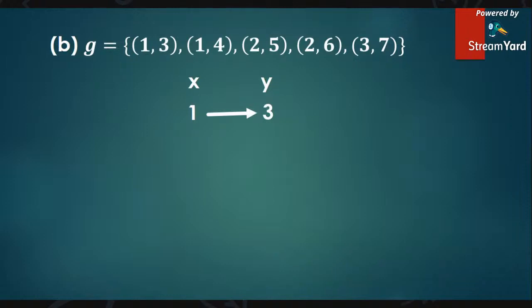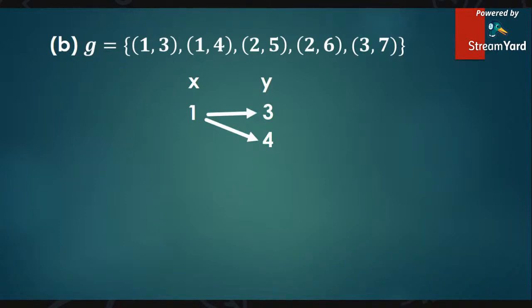Next is 1, 4. We have 1 as input again, and it produced another y. But its x is the same. This means that we already know our given ordered pairs are a relation, so it is not a function.